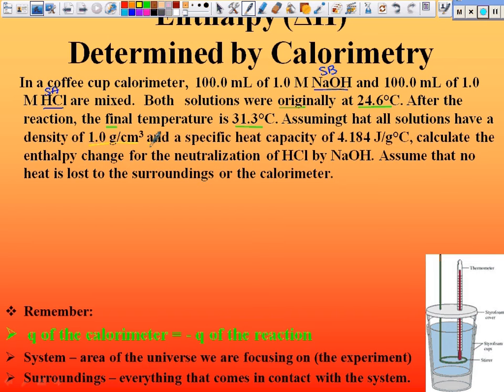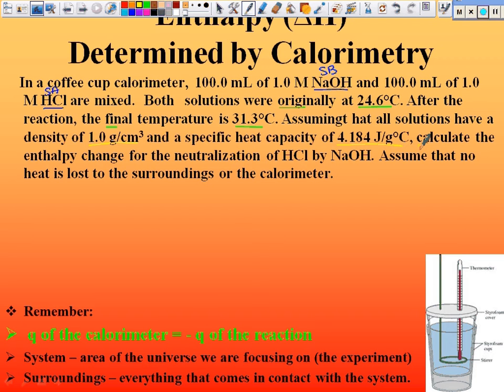Now, why can we say that the specific heat capacity of both solutions is equal to this? It's equal to water. If you have aqueous solutions, what has to be present? Water. It's not going to change the specific heat a whole lot.